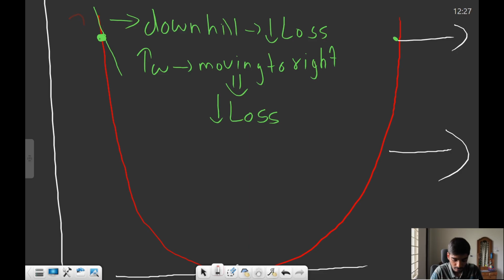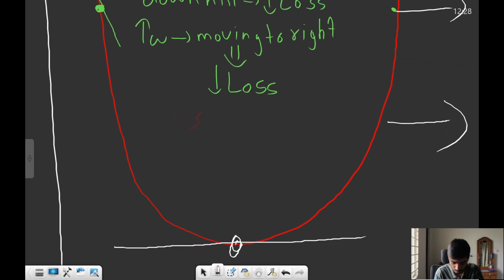So what we do is increase the value of w so that we move to the right and decrease the loss function value, which minimizes the loss function and finally reaches the least minimum point of this loss value. At every step, once we find the gradient, we move to the next point, calculate the gradient value, try to minimize the loss function, repeat it for the next point, and finally reach the minimum value of the loss function.